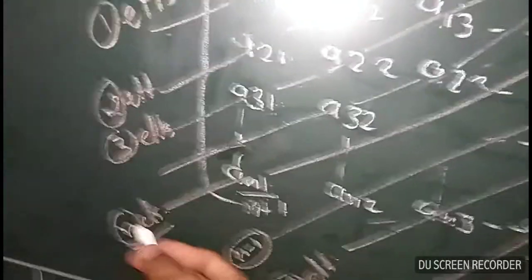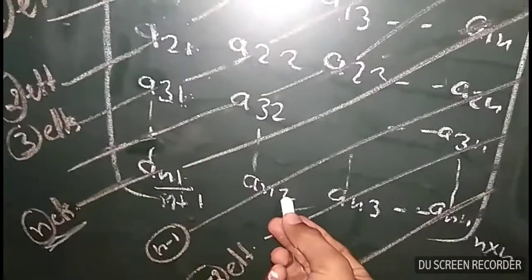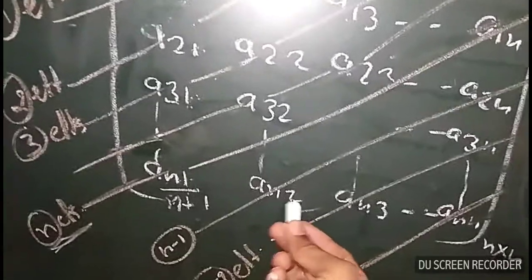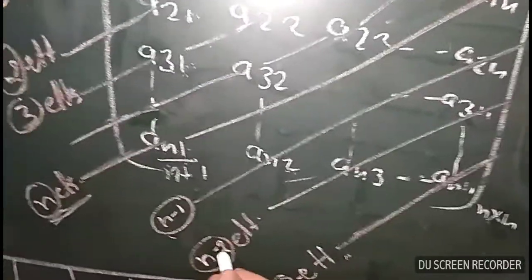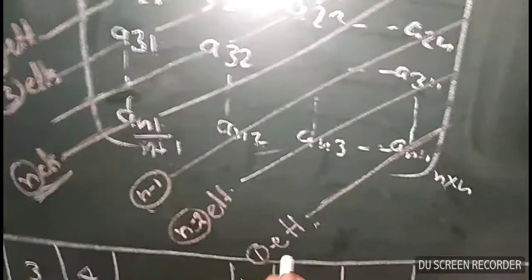Then after n it decreases by 1 per diagonal. That is, if the sum of row number and column number is n plus 2, we get n minus 1 elements, then n minus 2 elements, and similarly down to 1 element.